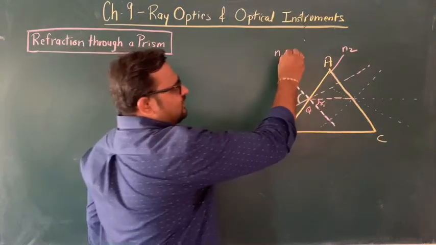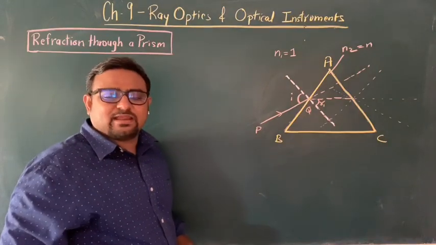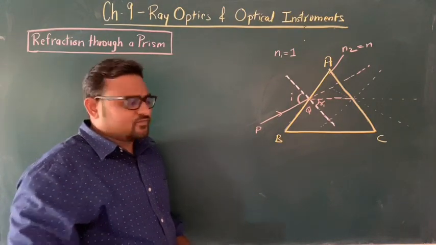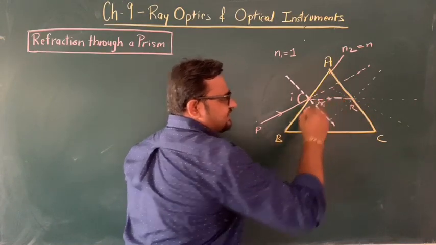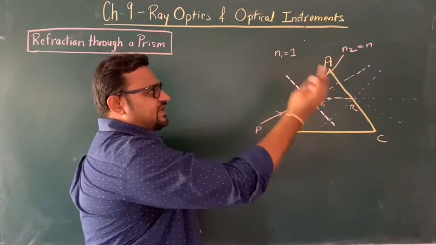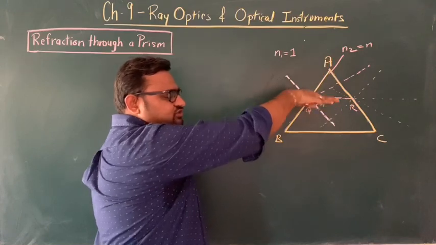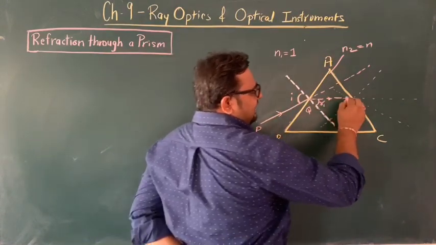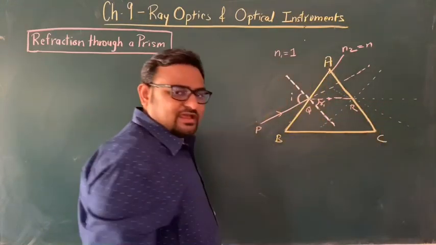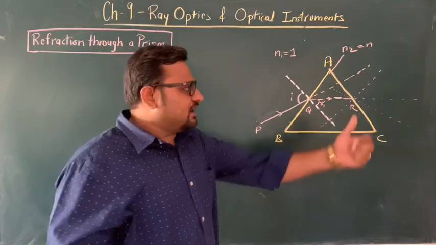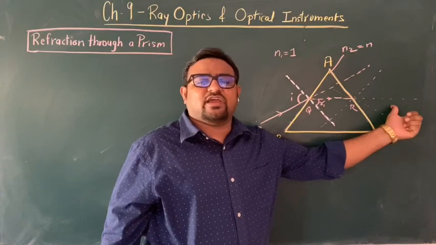So N1 will be equal to 1 and let's take N2 equal to N, N being the refractive index of the prism. So PQ is the incident ray, QR is the refracted ray. As it is entering from a medium of lower refractive index to higher refractive index, it bends towards the normal. Now, when it emerges outside the prism, from prism to air, again it changes the medium from higher refractive index to lower refractive index, so it will bend away from the normal.